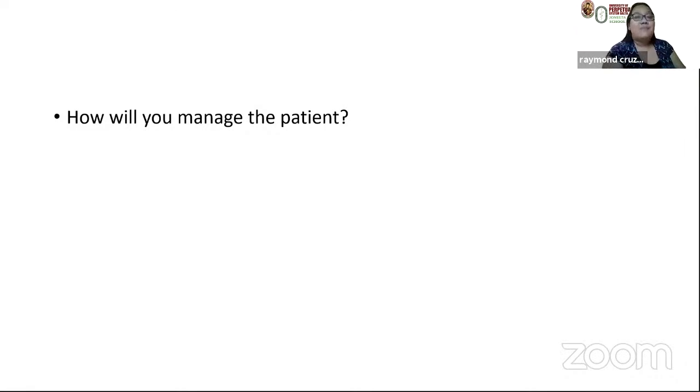For example, you are inducing this patient and you noted that contractions occur every 2 minutes, lasting for more than 1 minute, and very intense. What will you do? What is this patient experiencing?